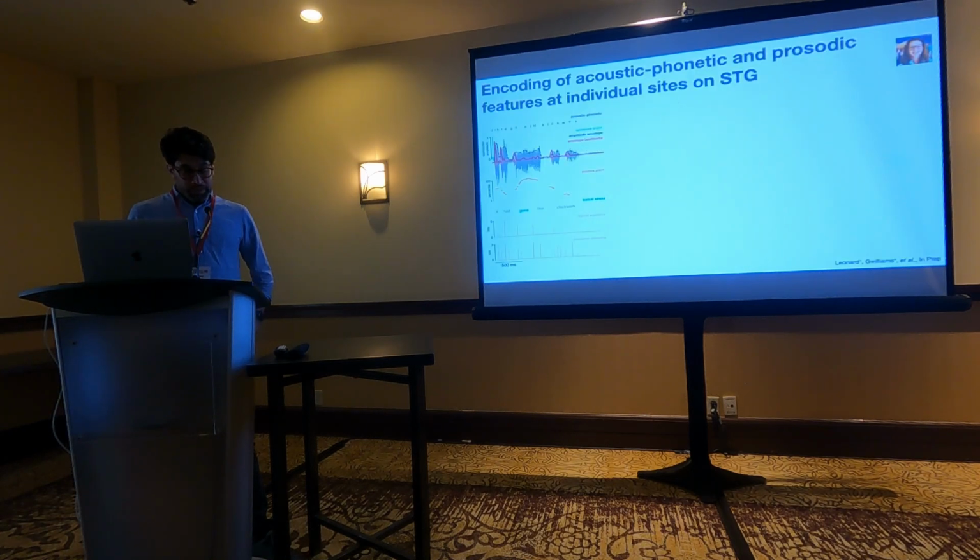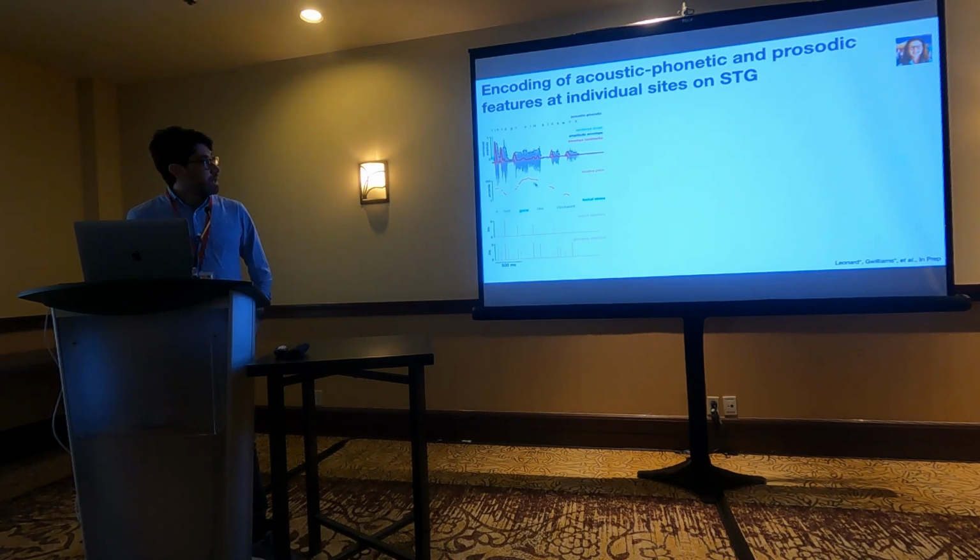And so to quantify this, we're fitting very simple linear encoding models, basically the kitchen sink approach. We take all the different features that we can think of based on previous studies and the linguistic literature, and we annotate the sentences for things like acoustic phonetic features. These are intensity features like sentence onset and amplitude envelope, and changes in the amplitude envelope, the derivatives and things like that.